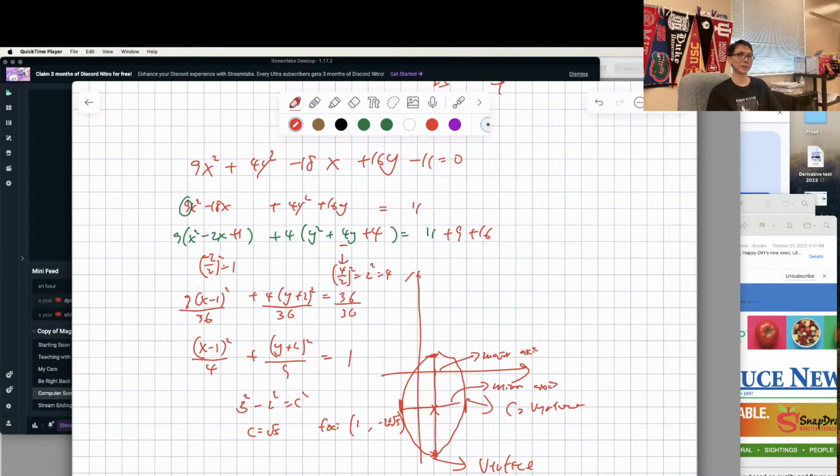164 plus 136, that's 225. 425. So the whole thing is the center?